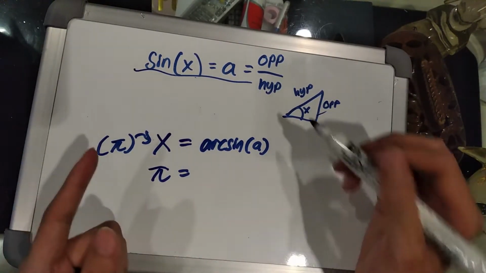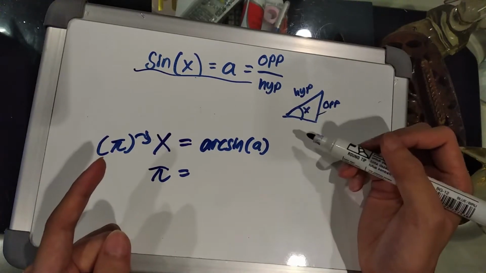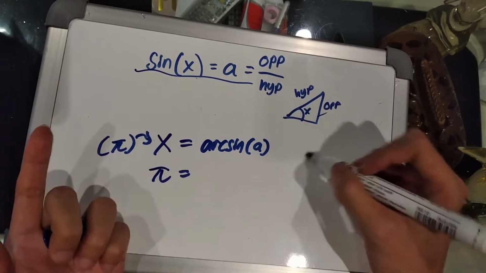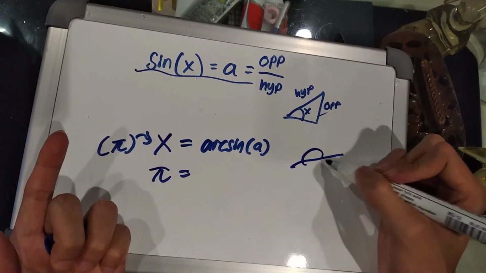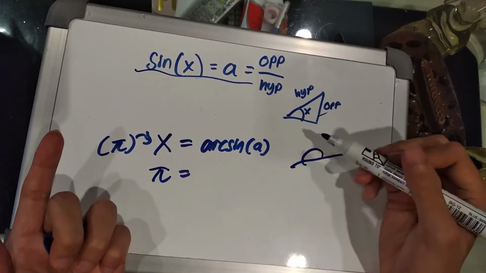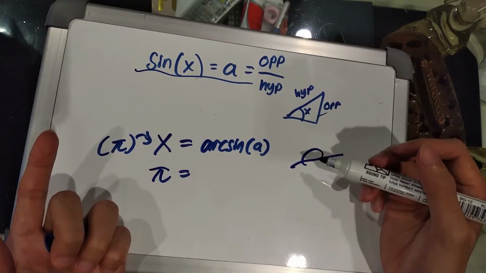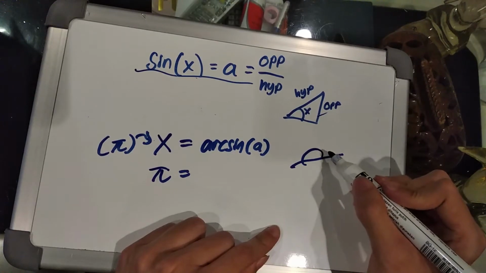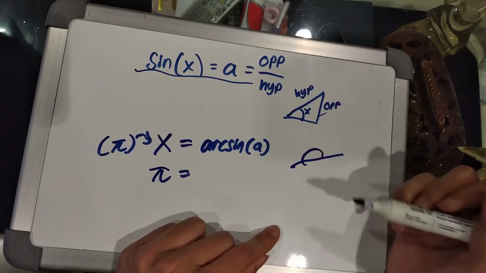But that is pretty hard to imagine, because pi is the same as 180 degrees, which is just, well, this thing, and it would be pretty hard to imagine a triangle that's just, well, yeah, 180 degrees.